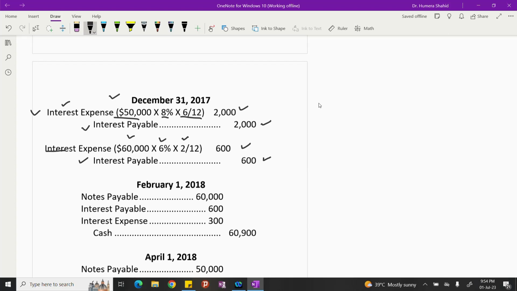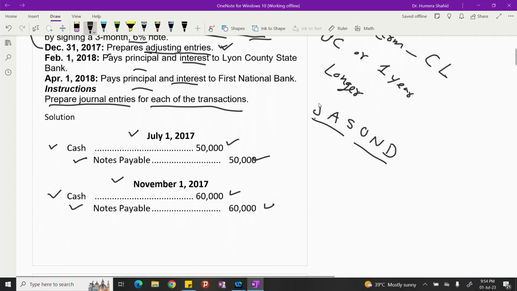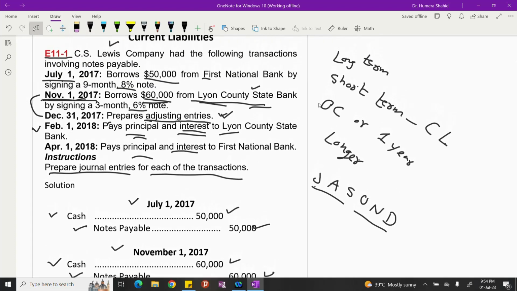Okay, let's move on towards the next required entry, that is on February 1st, when they pay back the principal as well as interest to Leon County State Bank. Here, let me discuss some factors with you. If you remember, for Leon County State Bank, we have only recorded the interest of 2 months on December 31st, right?